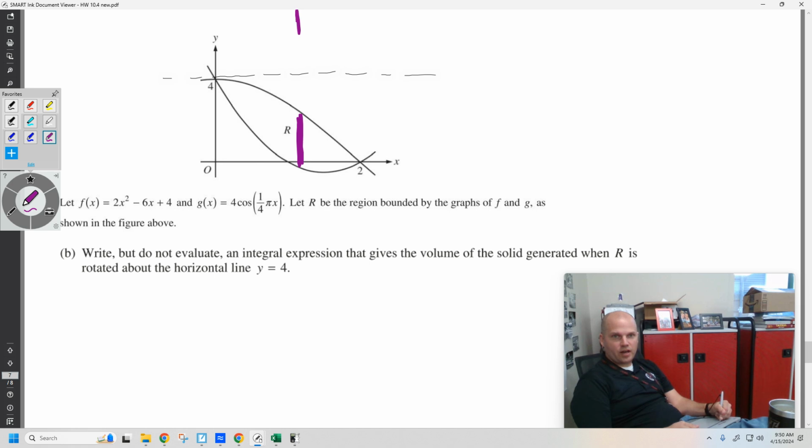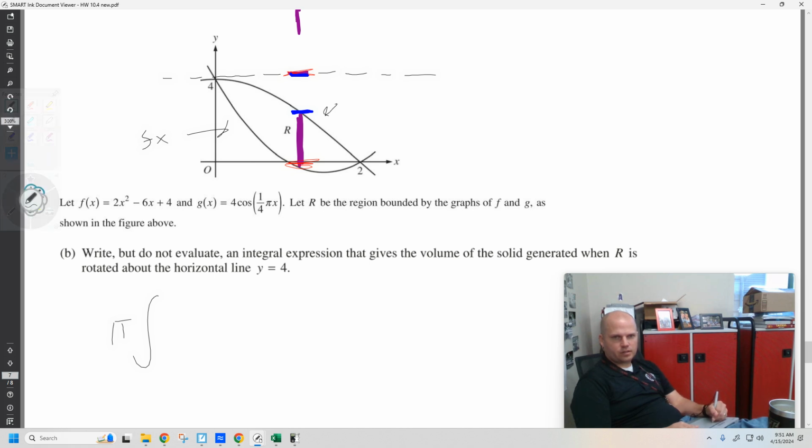It'll end up over here, the radius to the outside. That guy, the radius to the inside. It's not top minus bottom squared. It's outside squared minus inside squared. Which one's which? This is going to be f of x.